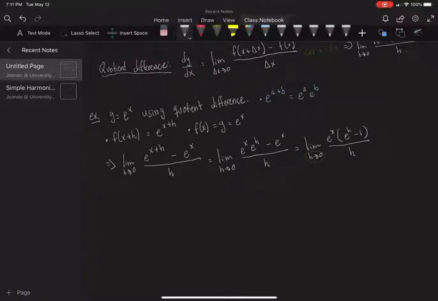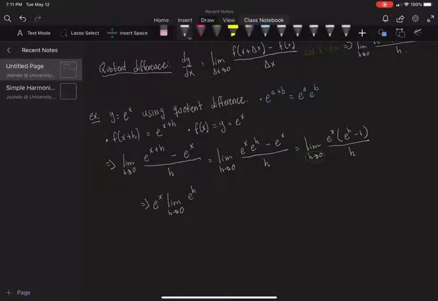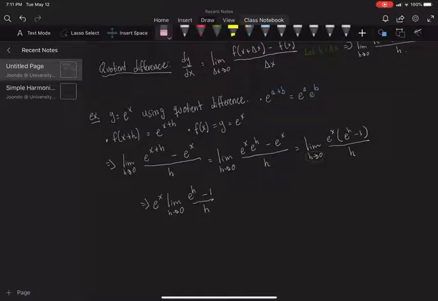So this can be rewritten as e to the x times the limit as h tends to 0 of e to the h minus 1 over h. Suppose we don't know the derivative of e to the h, which is e to the h with respect to h. If we just plug in 0, it's going to be 0 over 0. That doesn't work.